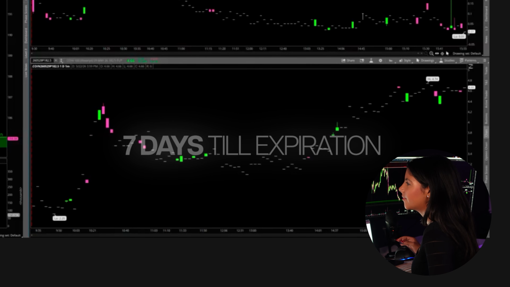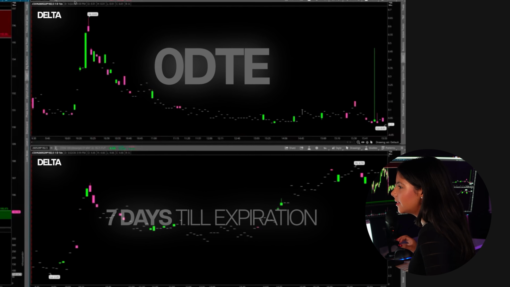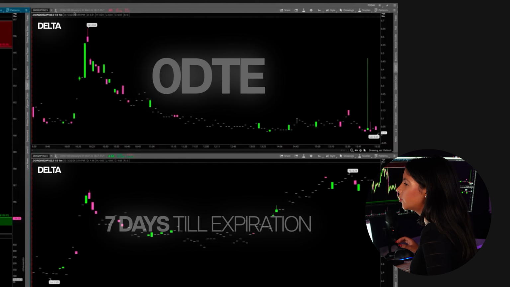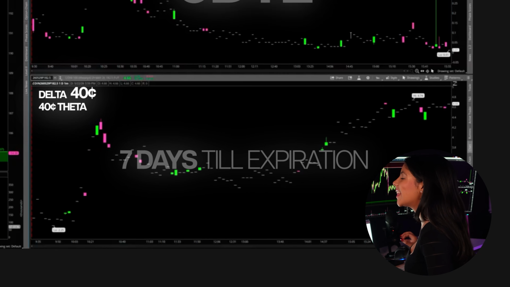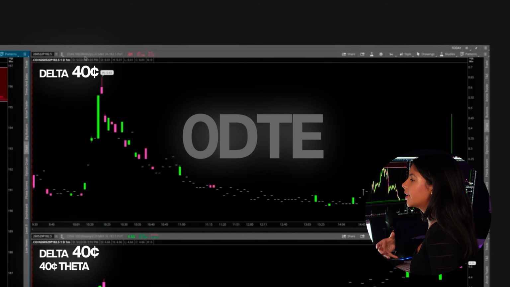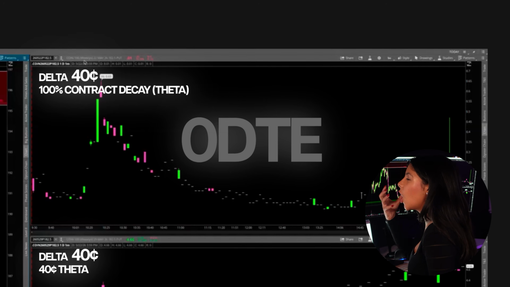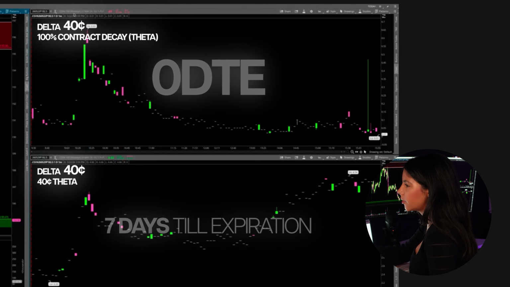That is extrinsic value. The contract had a similar delta as the 0 DTE. So this contract had around a 40-cent delta, same as the 0 DTE. The only difference is that this contract had a 40-cent theta as well. Versus on the 0 DTE contract, the theta represents 100% contract decay if it expires worthless.